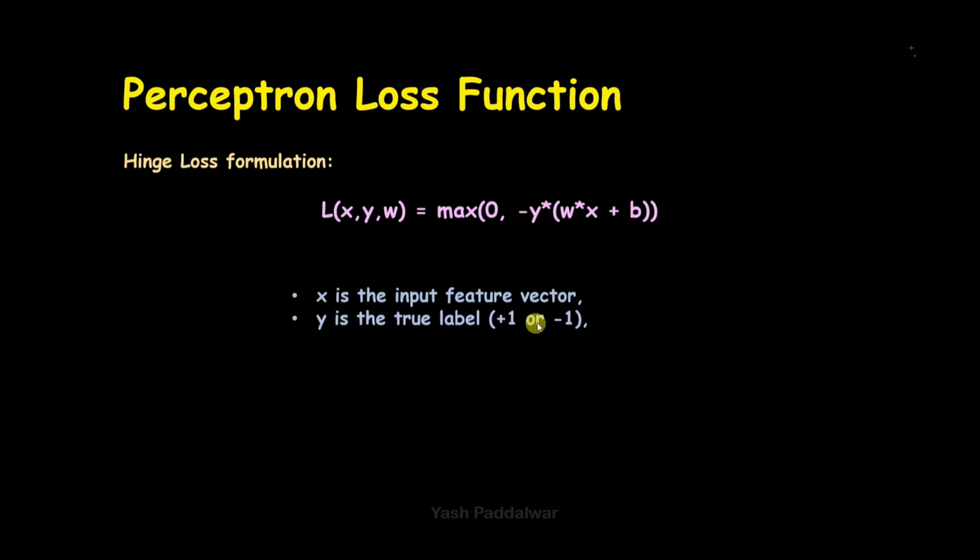Next we have the parameter y. Here y is denoted as the true label. Note this word true label, which means the actual output and not the predicted output. And also make sure of one thing, that here we represent the class label as 1 or minus 1. Here it is not 1 or 0.